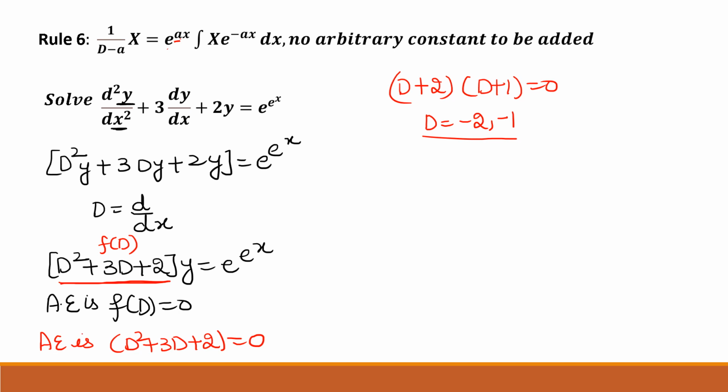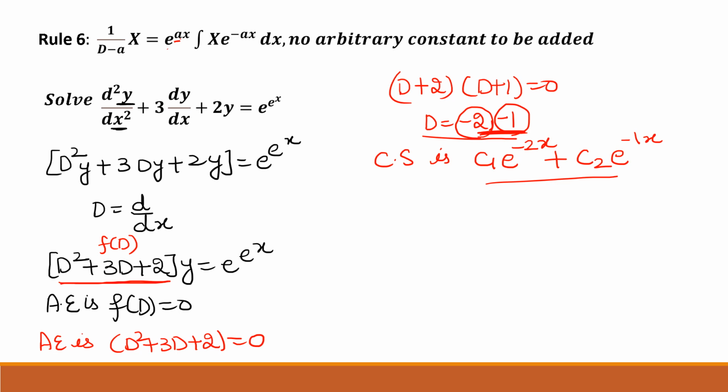For real and distinct roots, how do we write the complementary solution? So this is a real and distinct root case. So first constant C1 e power first root, minus 2, into independent variable x, plus second constant, that is C2 e power second root into independent variable x. So this is the complementary solution.